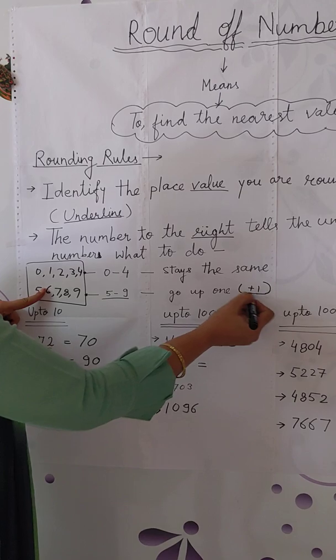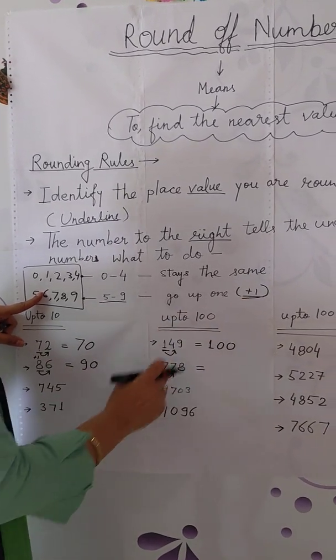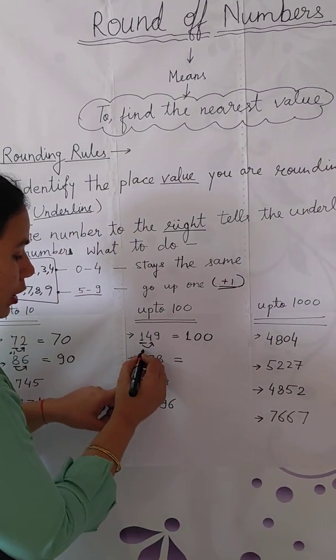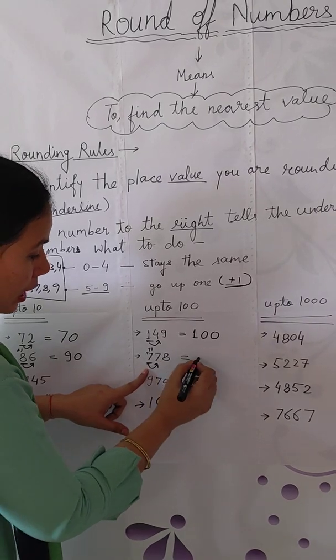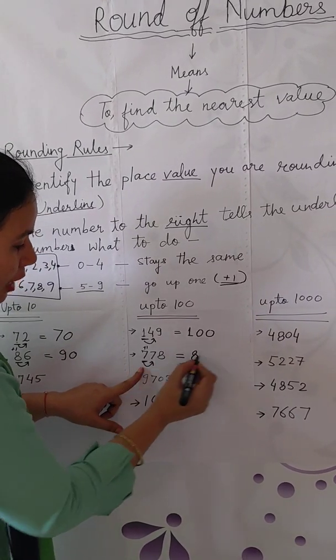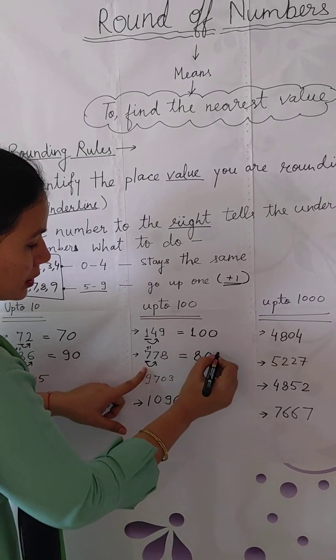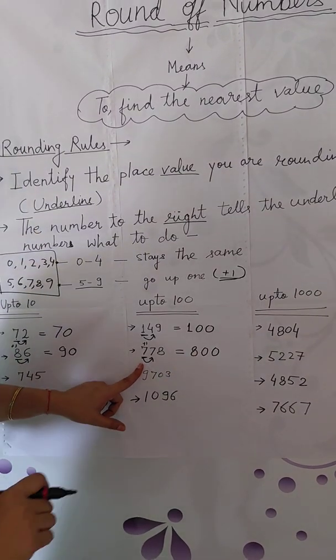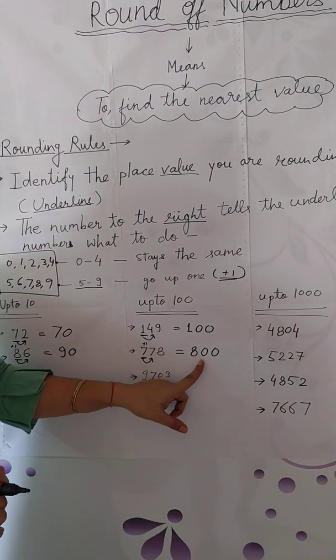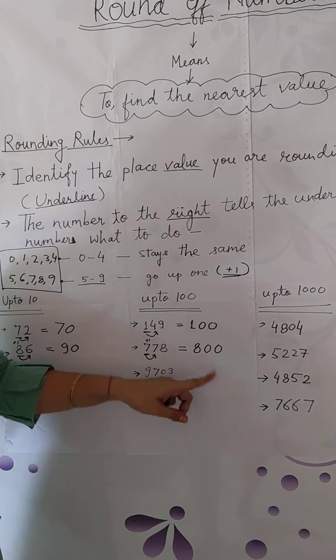What will we do? We add 1 to the underlined number. So here you will get 8, and in place of 7 and 8 you will write 0. Then the rounded number will be 800.